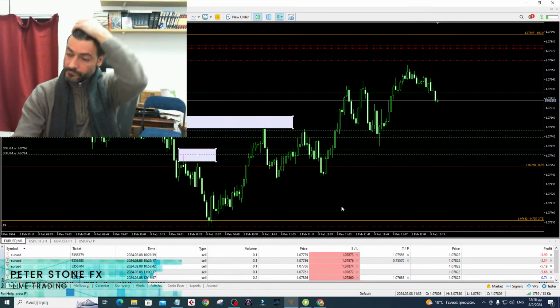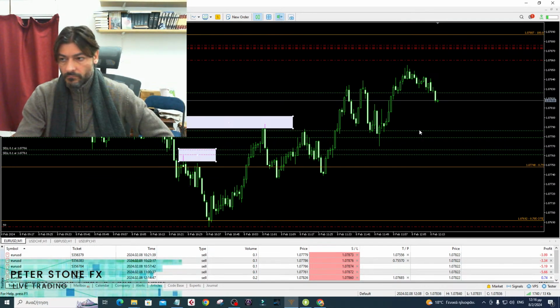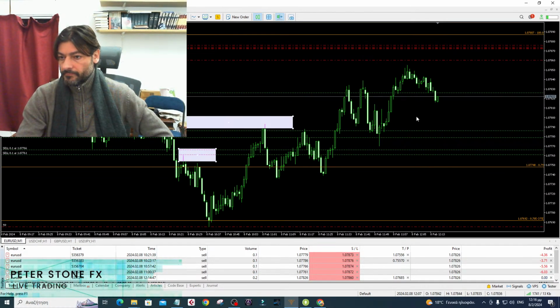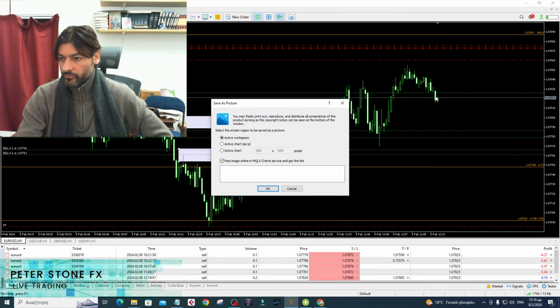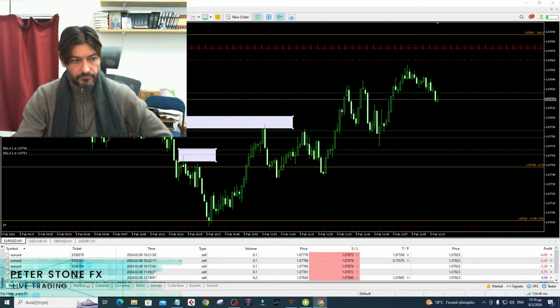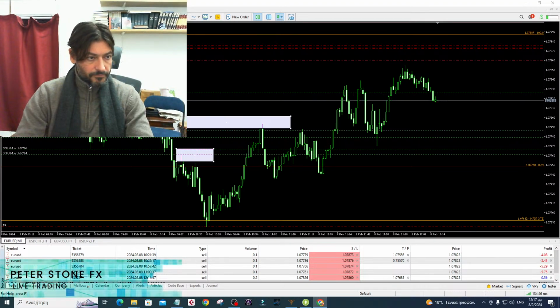€26 here. I'm gonna general this trade also. Yes, break of market structure, fair value gap here. I have 5 positions right now.